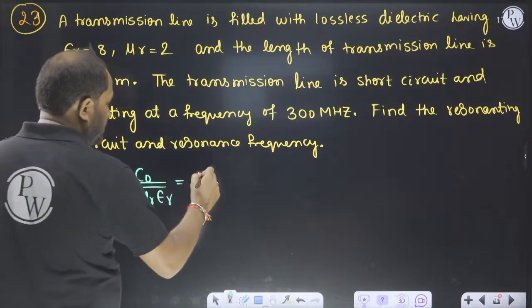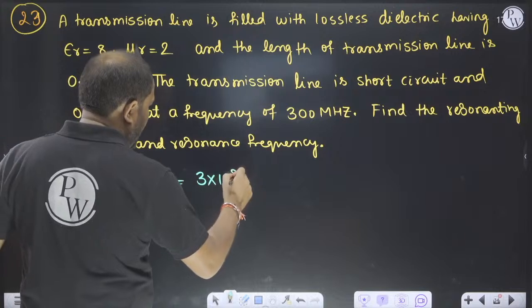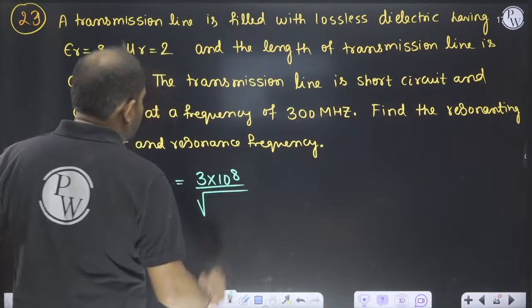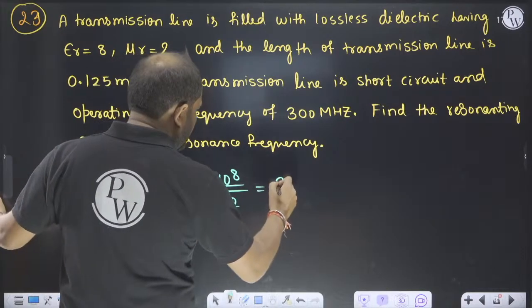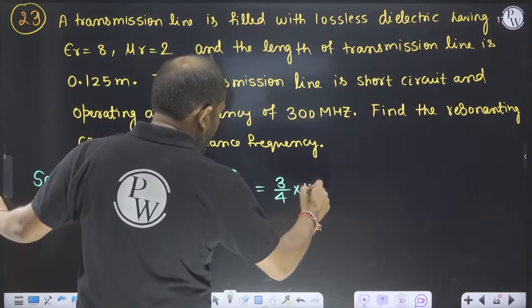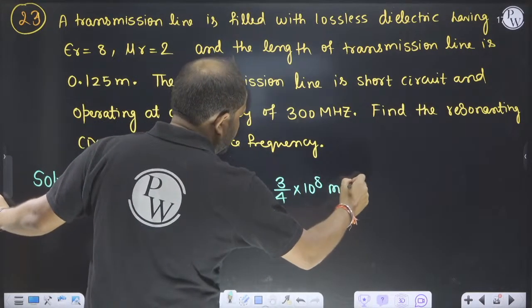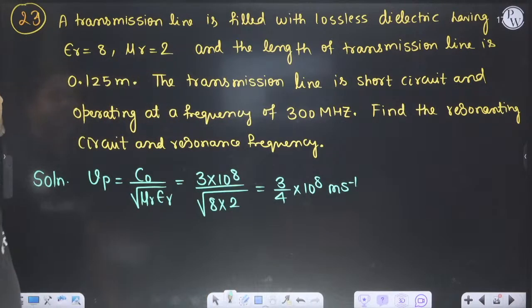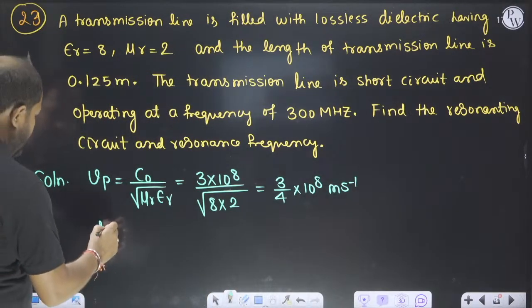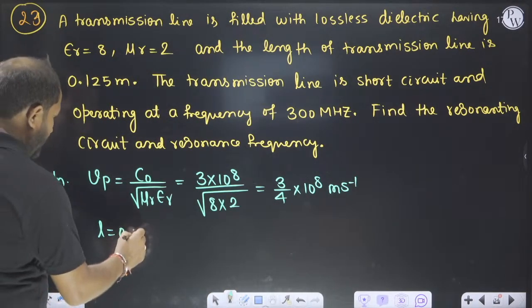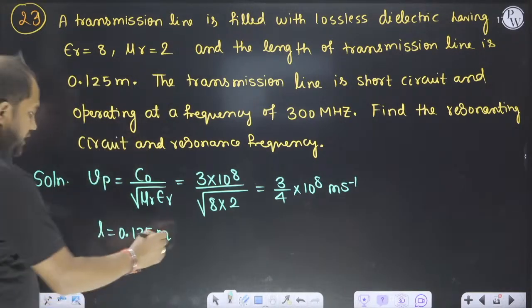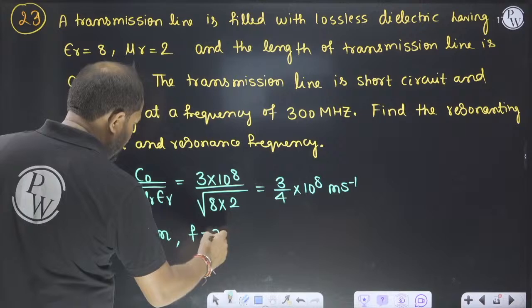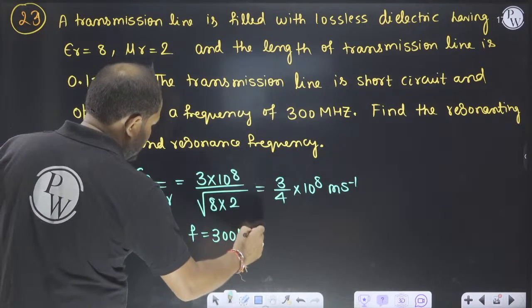Vp is 3 into 10 to the power 8 divided by the square root of 8 times 2, so 3 by 4 into 10 to the power 8 meter per second. Then the transmission line length is given as 0.125 meter. The frequency is 300 megahertz.